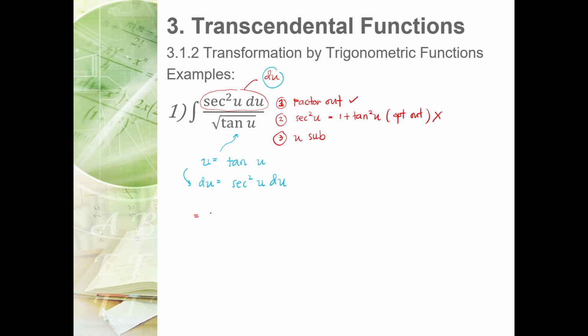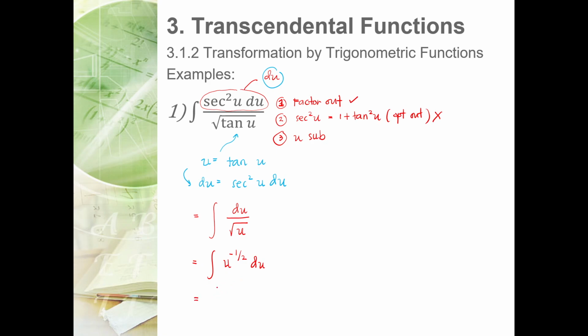Next, we have the integral of du all over square root of u. By exponential form, this becomes u to the power of negative 1/2 du, and this is now integrable because it's the basic format.